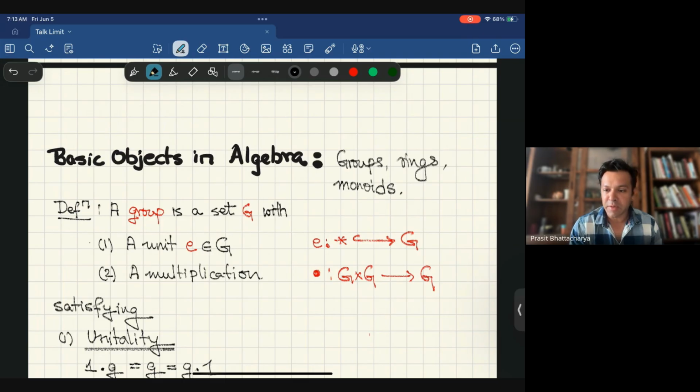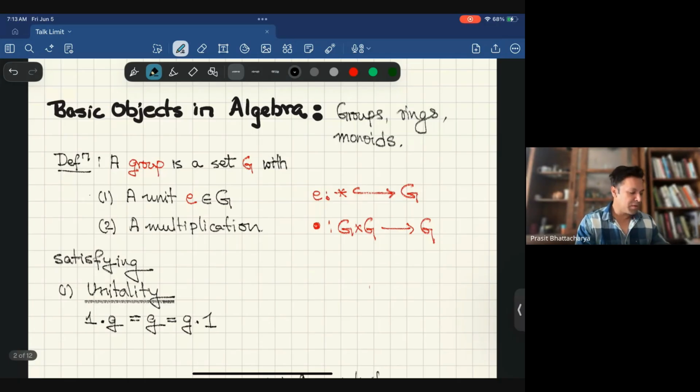You can do more manipulation, multiply by inverse, and do cancellation. But that's an additional axiom that I don't want to assume every time. That will save us some time. Although I can always expand my talk to basic objects like groups. So I'm going to start with the definition of group.